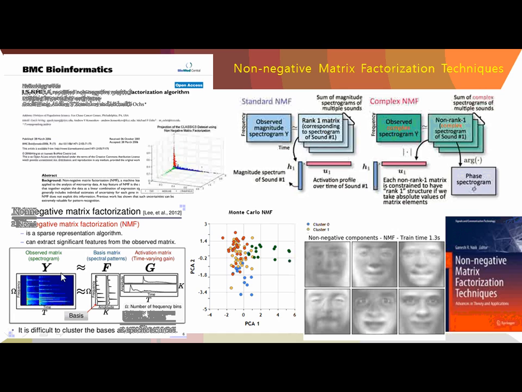All these are done with the image factored as non-negative matrices like this.